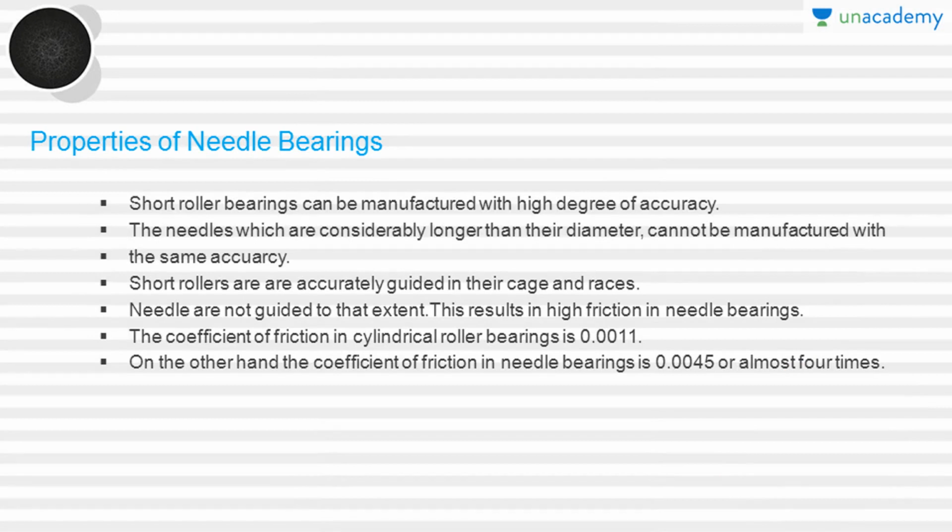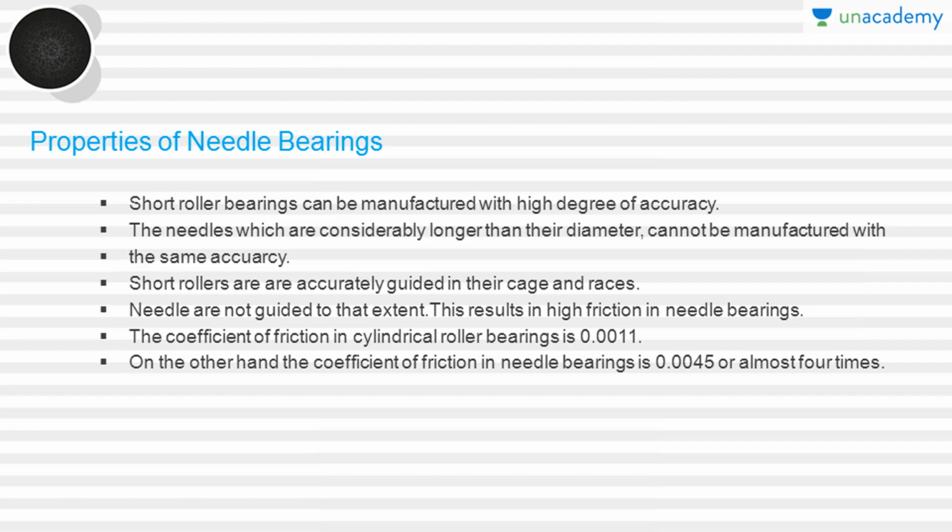So the properties of needle bearings. Short roller bearings can be manufactured with a high degree of accuracy. The needles, which are considerably longer than their diameter, cannot be manufactured with the same accuracy. So the needle bearings have less accuracy than the short roller bearings because the needle bearings have considerably larger lengths than their diameters.